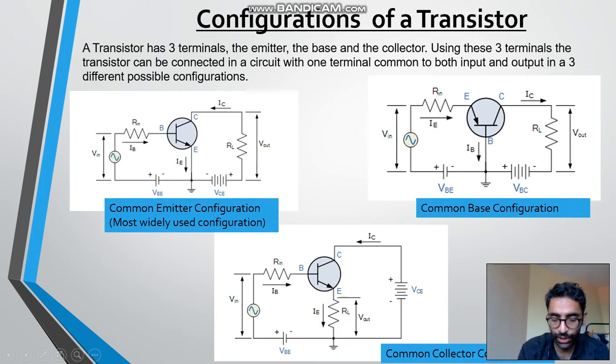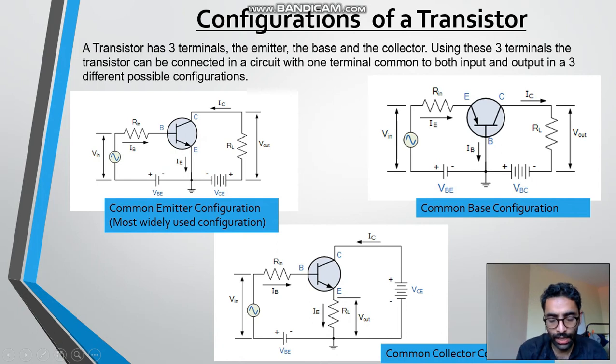In this circuit, you can see that the input voltage has been directly applied to the base of the transistor, and the output voltage you are getting at the emitter.